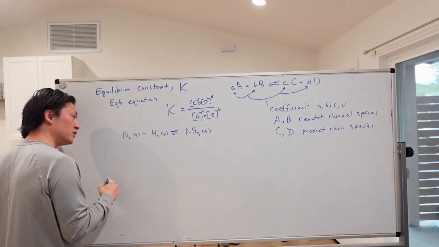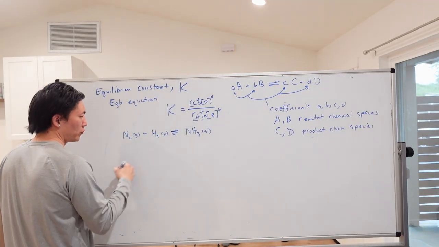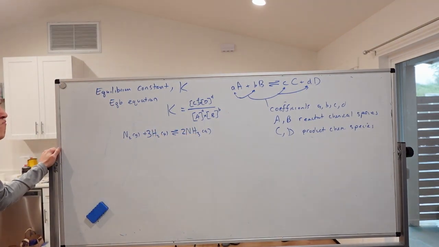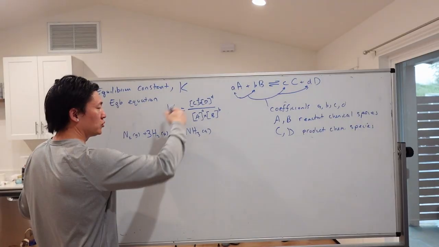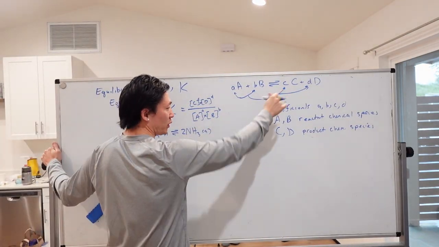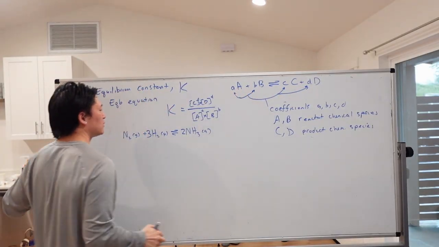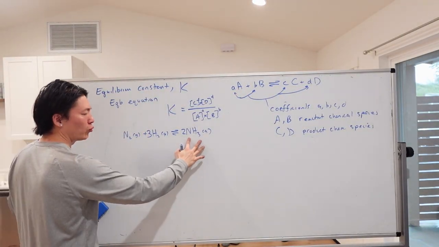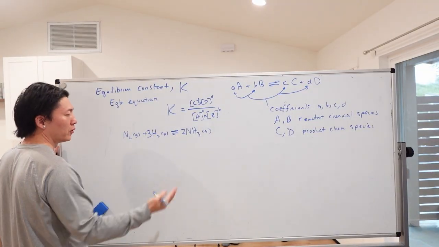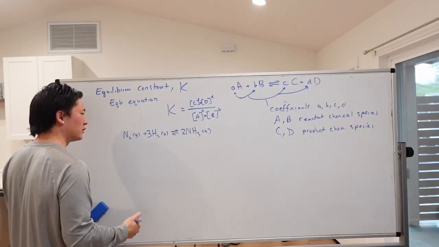We have to balance this. So if we balance this, it's a 2, and then this is a 3. And so we use this generalized equation, but notice that in this generalized equation there are 2 products and 2 reactants. Here we only have one product, so there is no other product to multiply it together with.